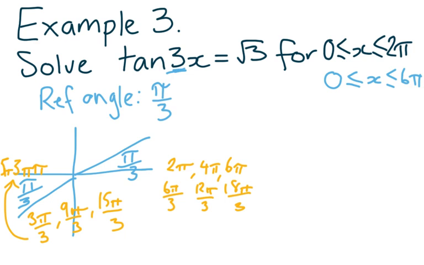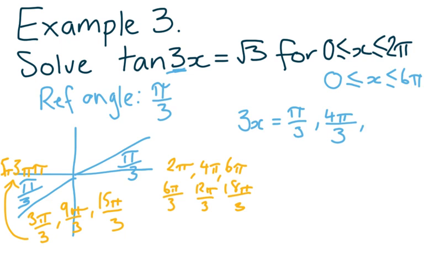What we then do is we can go, okay, so that means that the value of 3x is going to be, if we start, pi on 3 as our first solution. We then go around, we would have 3 pi on 3 plus pi on 3, which gives us 4 pi on 3. So that's one rotation done.